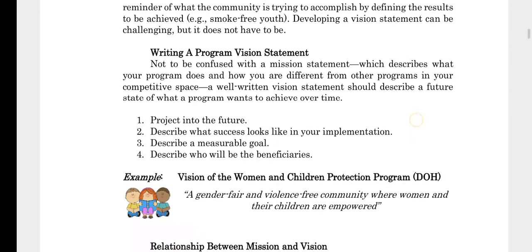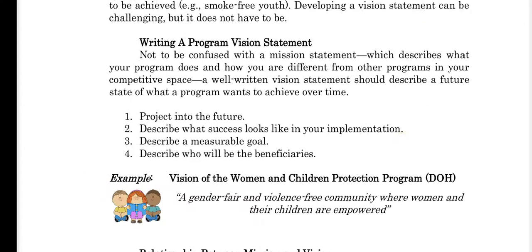Okay. These are the particular characteristics of a program vision. Number one, project into the future. Normally, in stating a vision, some include the year, wherein your program is supposedly being implemented for 10 years, or after 5 years, or after 15 years.